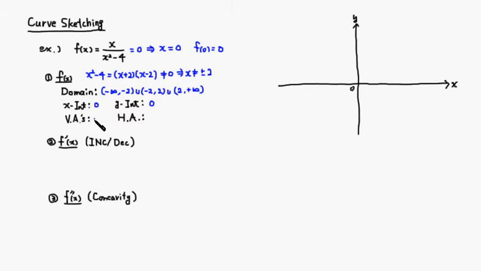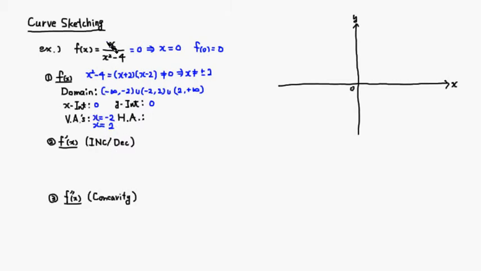Then let's find the vertical asymptotes. A vertical asymptote occurs when the denominator equals 0, not the numerator. We already know that happens when x equals positive 2 and negative 2. So the vertical asymptotes are x equals negative 2 and x equals positive 2.